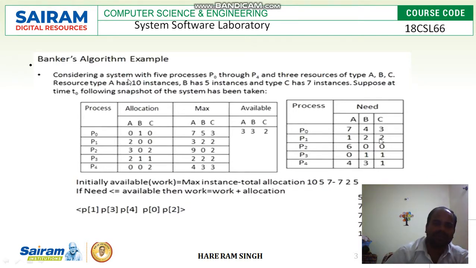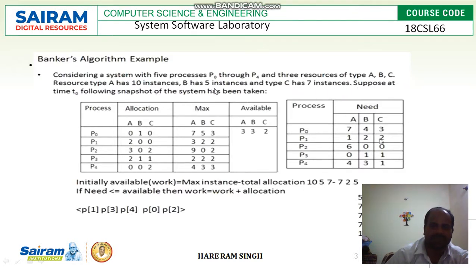Considering a system with five processes P0 through P4 and three resource types A, B, C. Resource A has 10 instances, resource B has 5 instances, and resource C has 7 instances.